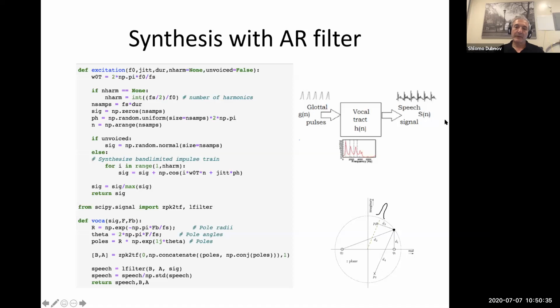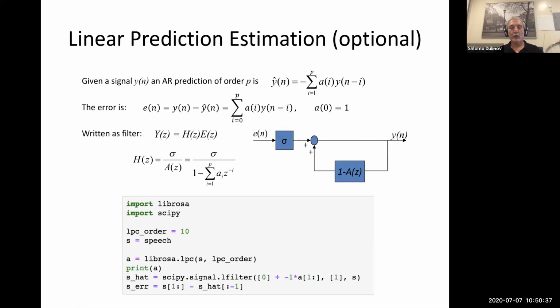But can we go the other way around, finding the formants for a given signal? One very elegant method to do this is called linear prediction, because this allows us to take a signal and find the filter that corresponds to the formants.